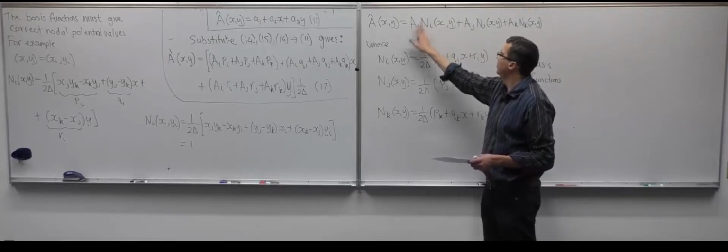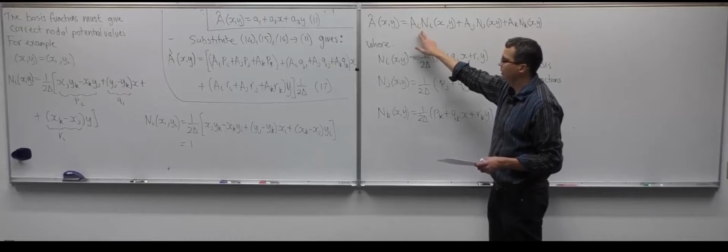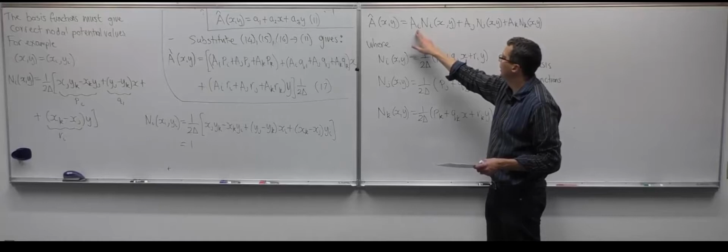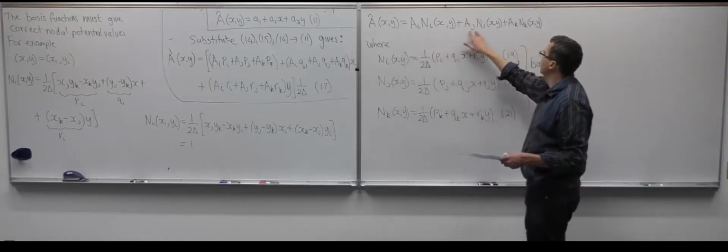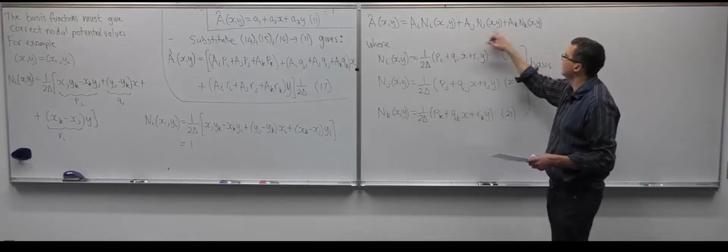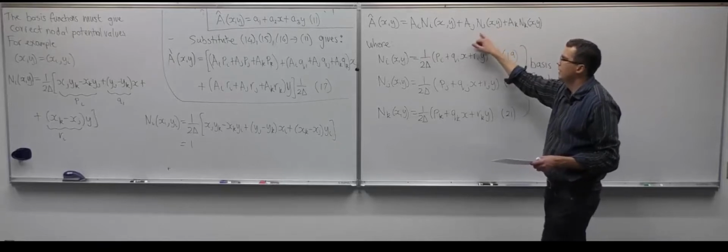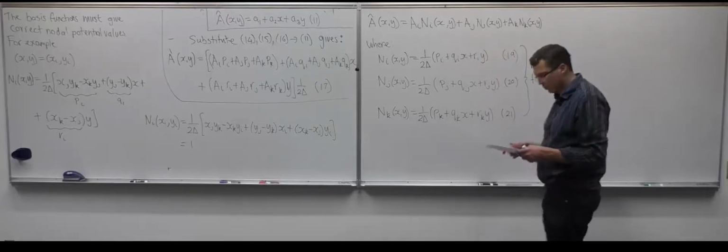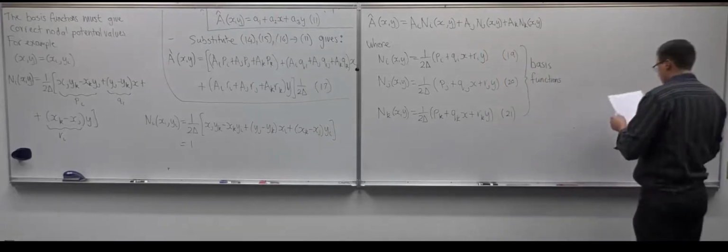So this one has been checked. We got out Ni being 1. So that will give us ai. Now we need to make sure that these two terms will be 0 at xi, yi, in order to satisfy the nodal point. So let's check for Nj.